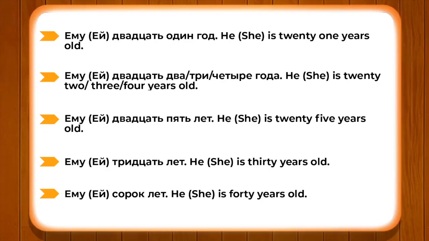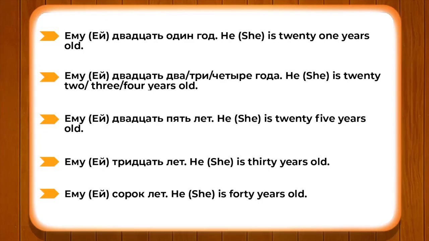So we have писать. Писать means to write. Please pay attention while I conjugate it for you. Я пишу, ты пишешь, он, она пишет, мы пишем, вы пишете, and они пишут.